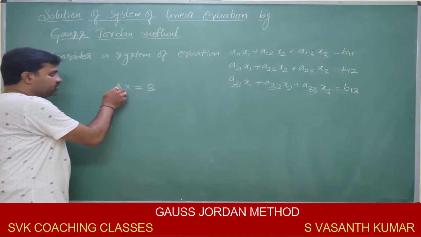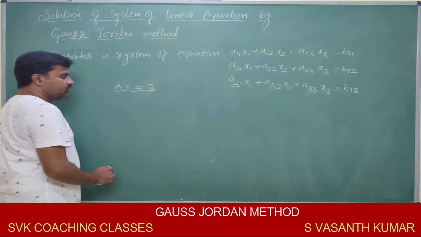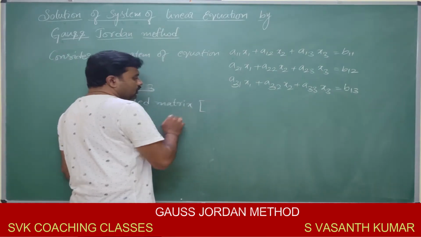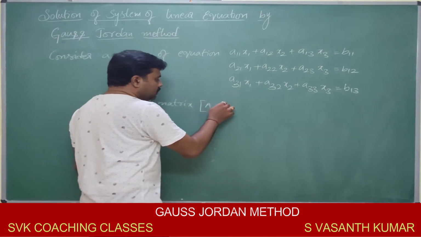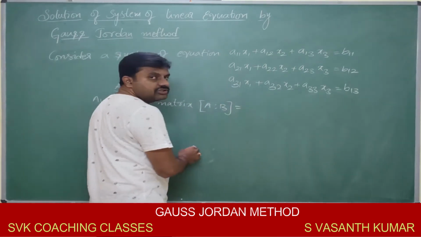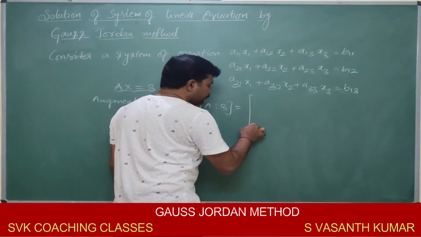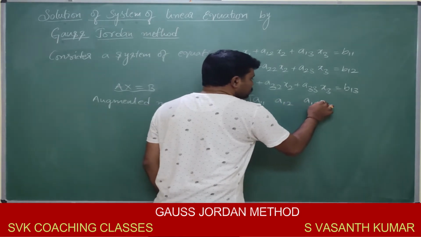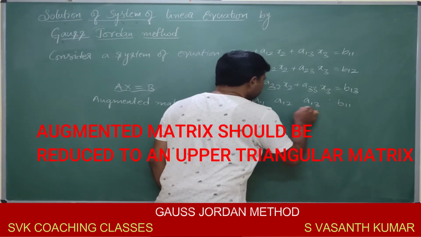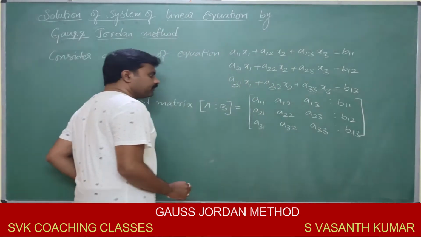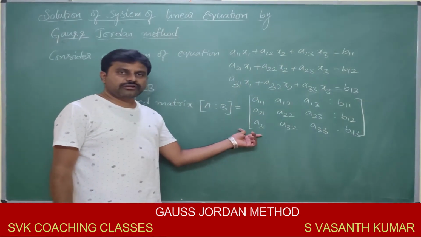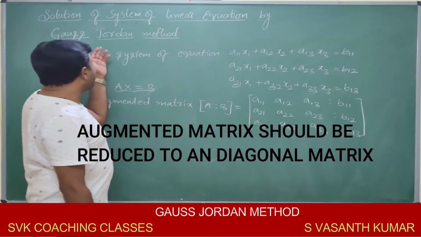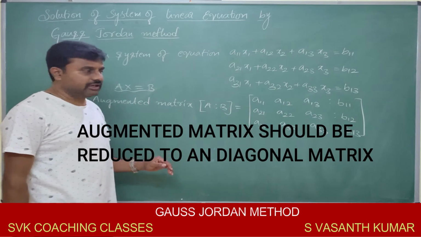Using this matrix equation, I can write the augmented matrix A|B. After writing down the augmented matrix A|B, the procedure for the Gauss-Jordan method follows.